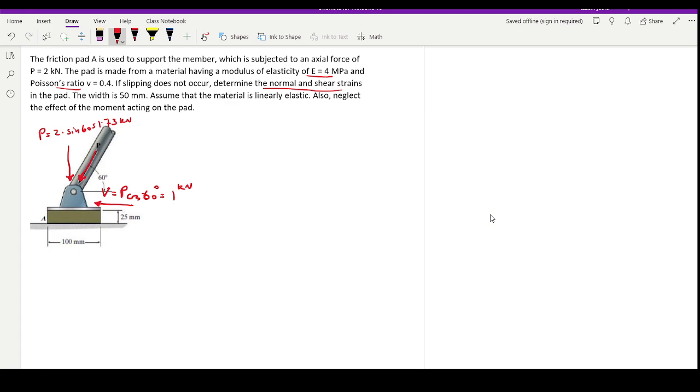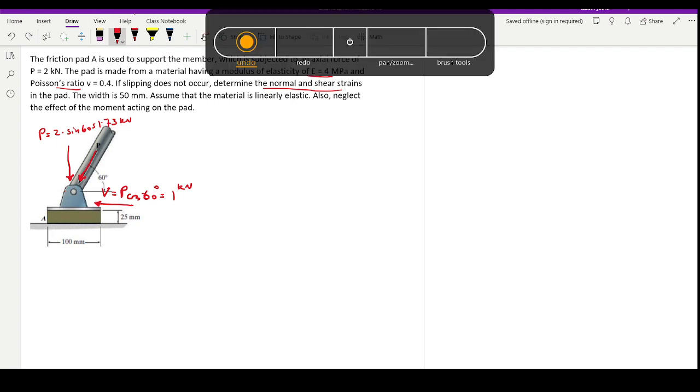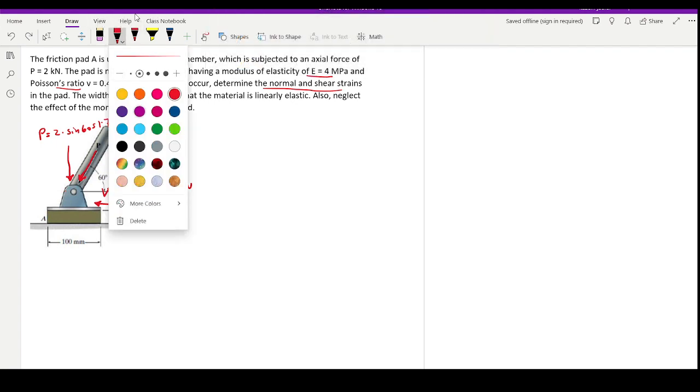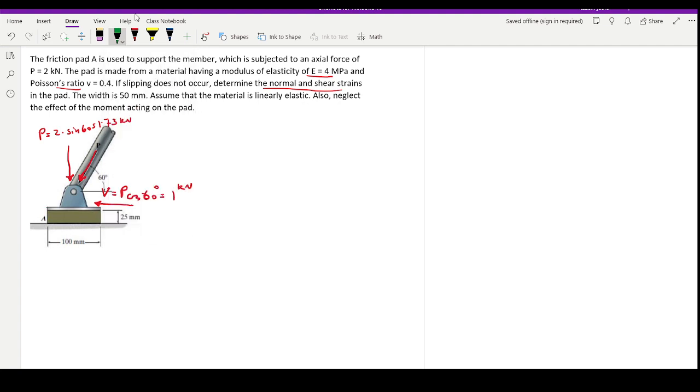Now, if I find the area in which these forces are acting, I can clearly find the deformation and stress, strain, all the parameters that it's asking for. Don't forget, the area that these forces are acting on is this area.